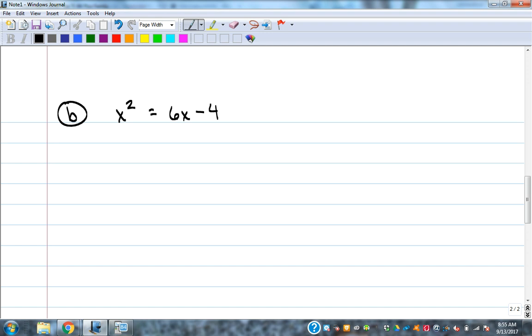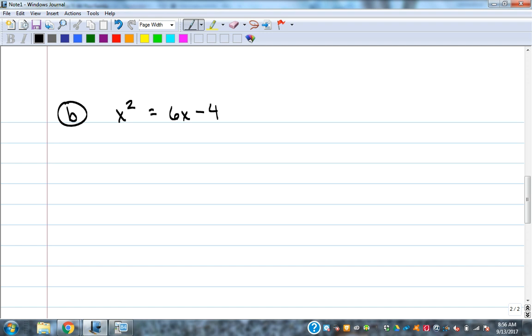So one option to get that equal to 0 would be to do what? Yeah, we can move 6x minus 4 to the other side. That would leave what positive? The x squared, which is, if we're going to factor, definitely what we would do. If we were going to try to factor that, that would be the approach that I would take.